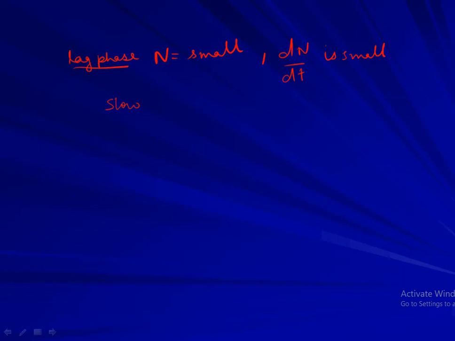Now, if we talk of the second phase, which is the log phase, in this phase the increase is very fast because as time passes, N increases. As N increases, dN by dt also increases.